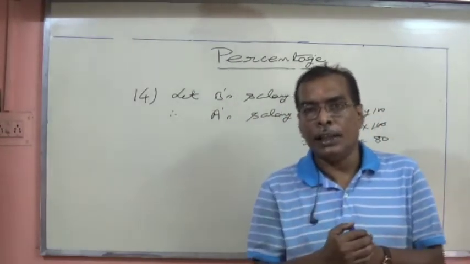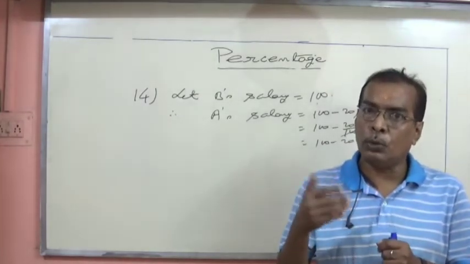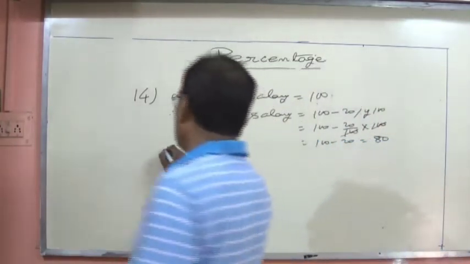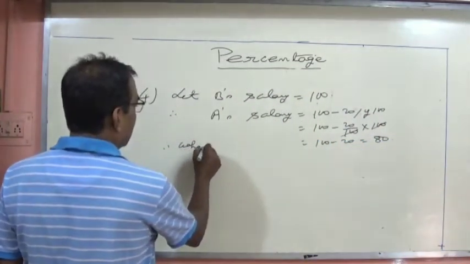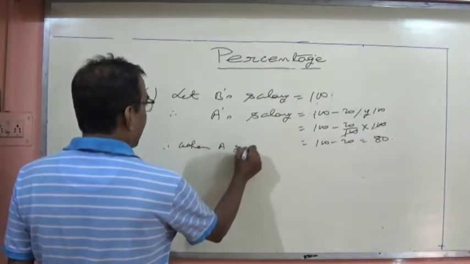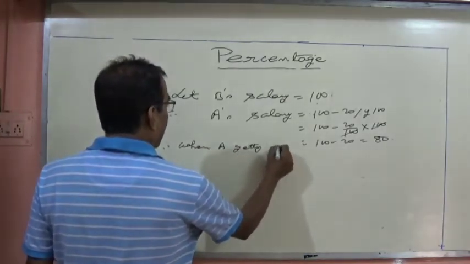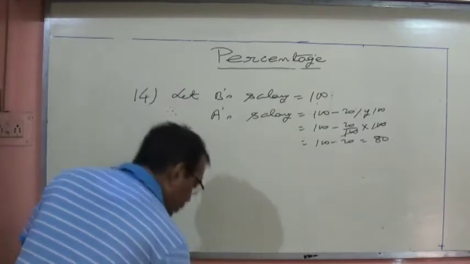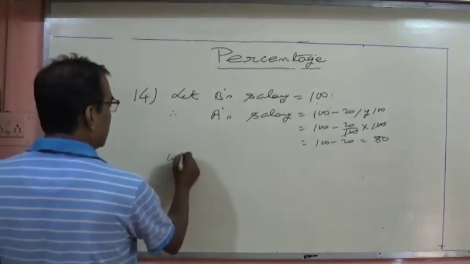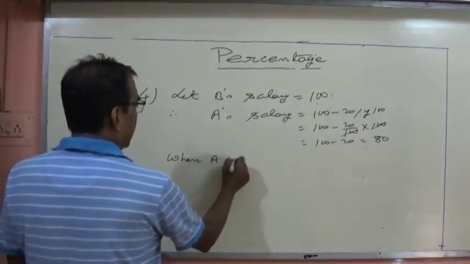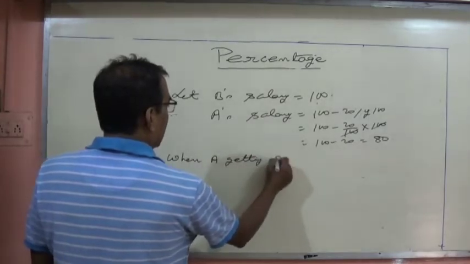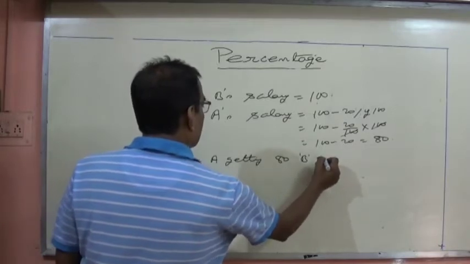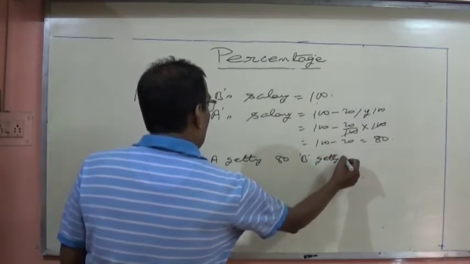Now they are asking that B is getting how much percentage more than A. So you can say, when A is getting 80, B is getting 100.